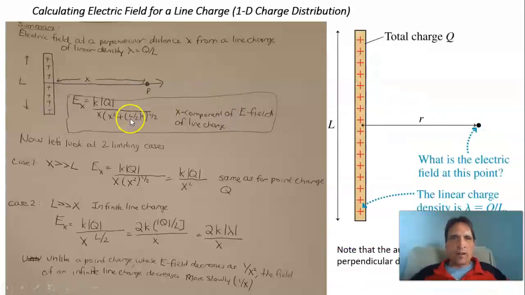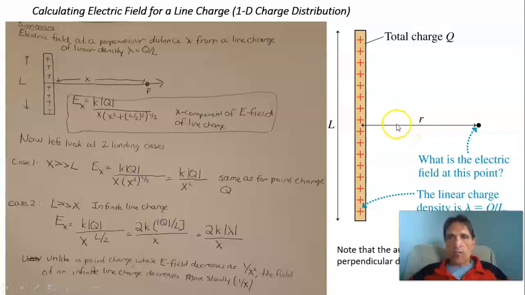This result here, you should be able to derive on an exam or a quiz. But as far as using it, it's kind of clunky to use. It's not very intuitive. And in many cases, we're going to be dealing with a wire that's much longer than the distance from the wire where we're evaluating the electric field.